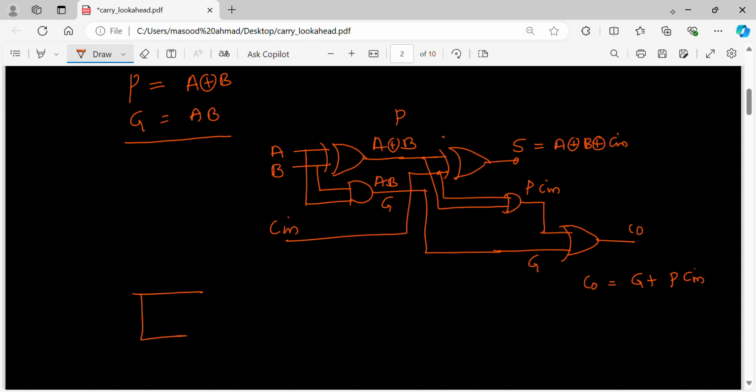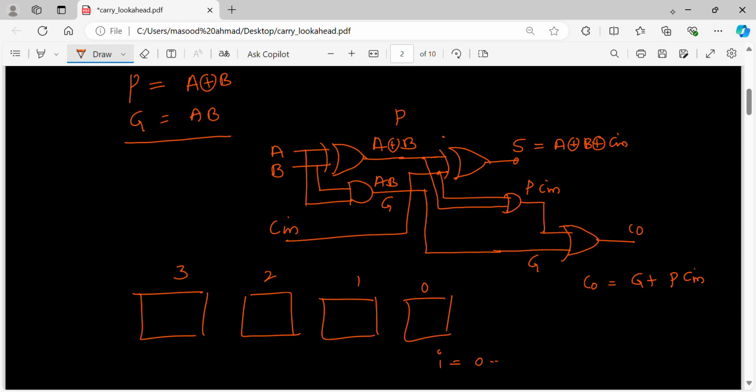When we are working with a couple of full adders, let's say stage 0, stage 1, stage 2, stage 3. I introduce a new index value i, which varies from 0 to some value n.